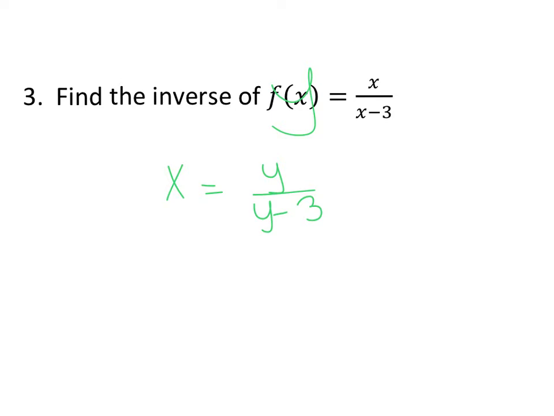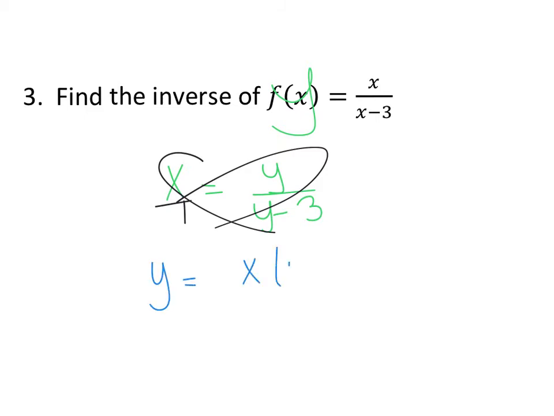Okay, and you're going to put this over 1 and cross multiply. So you end up getting y equals x times y minus 3. And you can distribute this in to get xy minus 3x equals y.